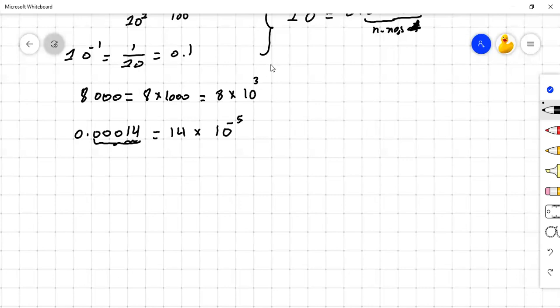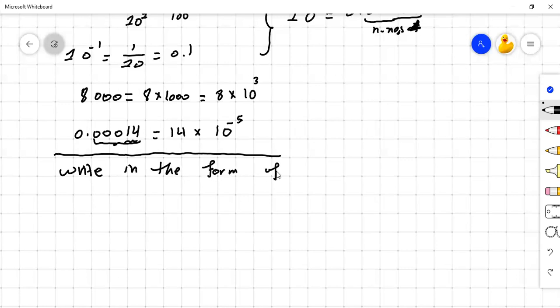Let's take a practice. Write in the form of a power of 2, for example.